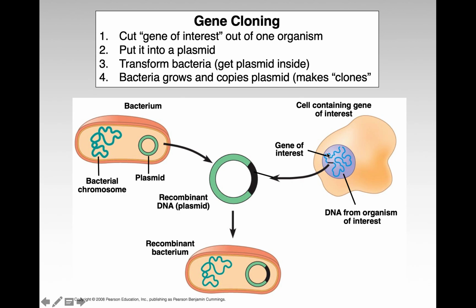We're going to make many, many, many copies of it. We are then going to put it into a plasmid through restriction enzyme cutting of both the plasmid and the gene of interest, DNA ligase to put them together, and then bacterial transformation. And then that bacteria actually makes the clones for us.